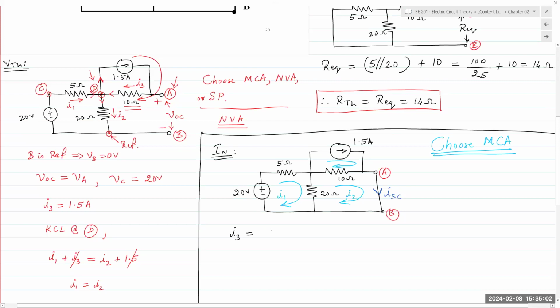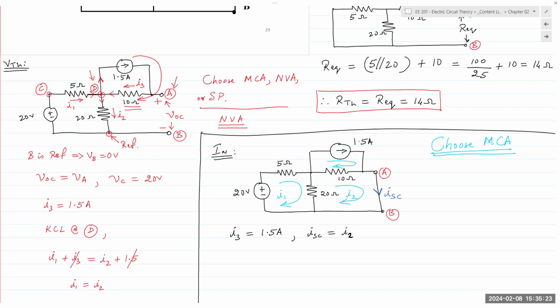I3 is 1.5 amps. Furthermore, ISC is the same as mesh current I2. So if I find the value for I2, that would be my ISC. Again, it is not shared with anything, and so I can straightforwardly write that.